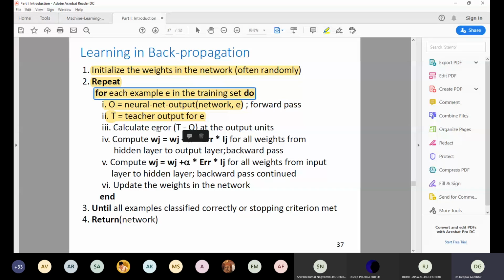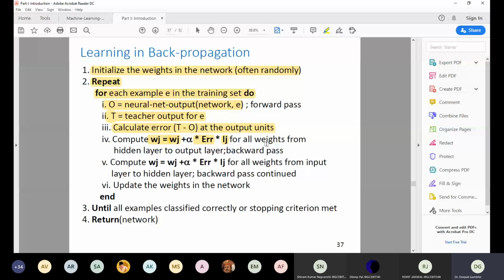In backpropagation learning, we compute the new weight wj as the previous weight wj plus alpha, the learning rate, times T minus O, that is the error, multiplied by the input Ij. This is done for all weights from the hidden layer to the output layer first, that is the backward pass.